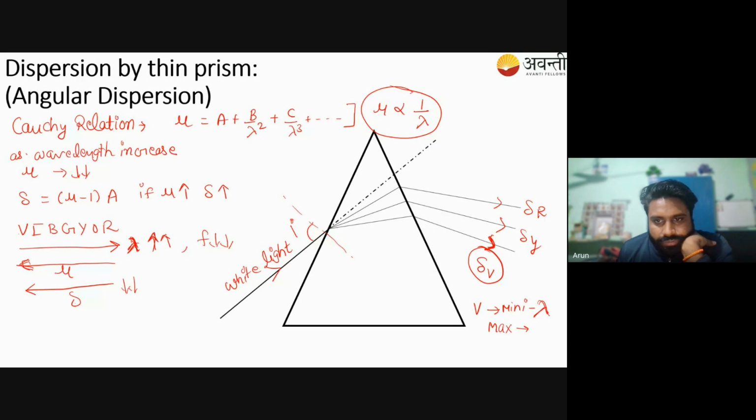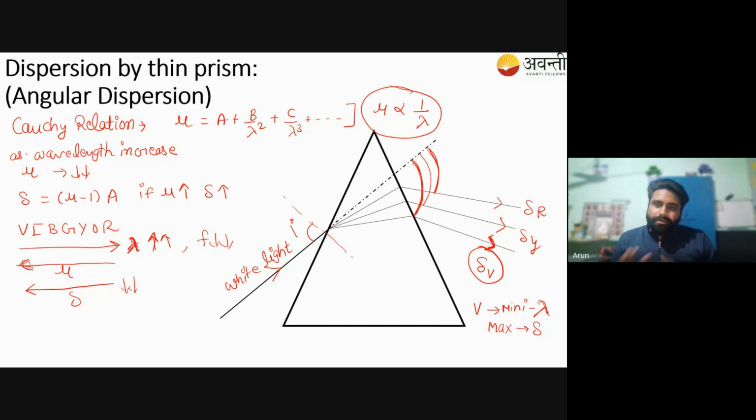Got it? This is the maximum deviation we have. If you measure the deviation, this is the greater angle, this angle is less than it, and this angle is less than that. Which color has the minimum deviation? The one with the longest wavelength. Red color has the longest wavelength, that is why it shows the minimum deviation. And the violet color has the maximum deviation.